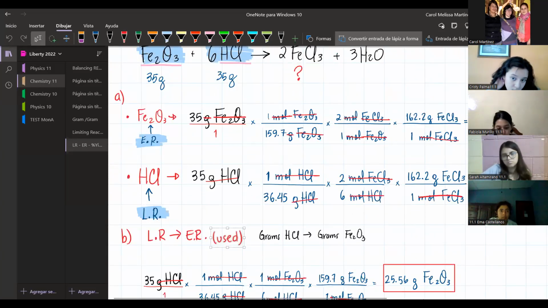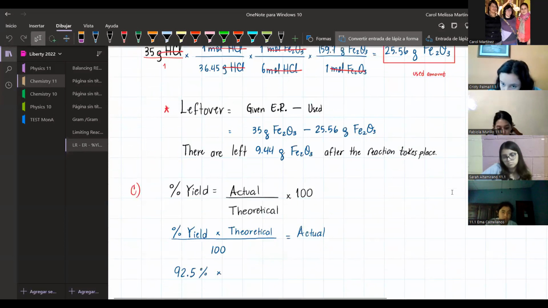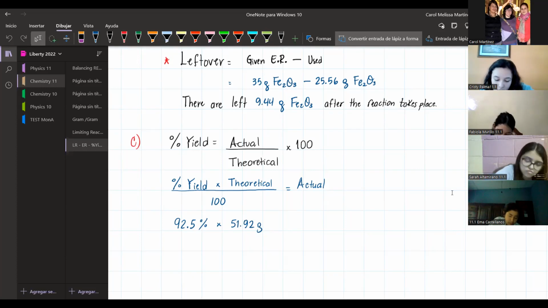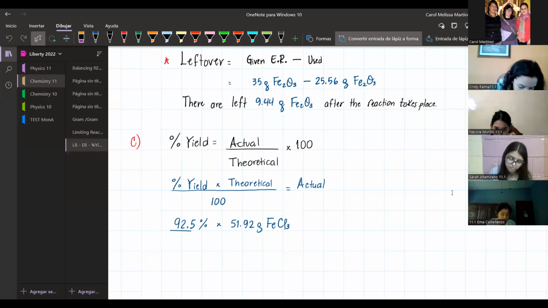The theoretical yield is 51.92 grams. So you're going to make that substitution here. Grams of what? Iron 3 chloride. All this divided by 100.